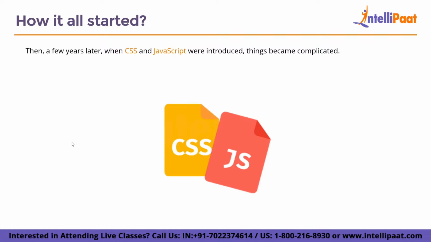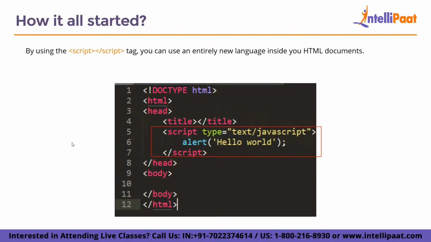And then, fast forward a few years later, when CSS and JavaScript were introduced, things became a little bit complicated. CSS, as you know, is used to aesthetically improve the appearance of a web page. JavaScript is used to add dynamic functionality to the website. By using the script tag, you can use an entirely new language inside your HTML documents.